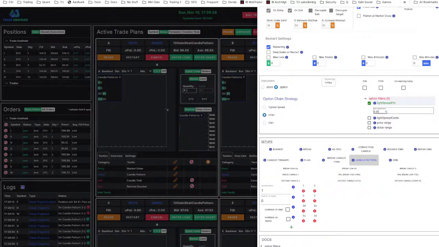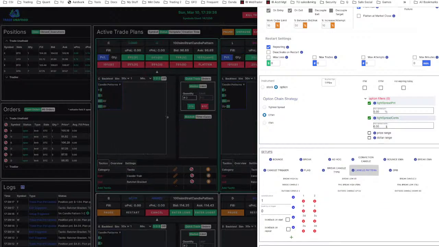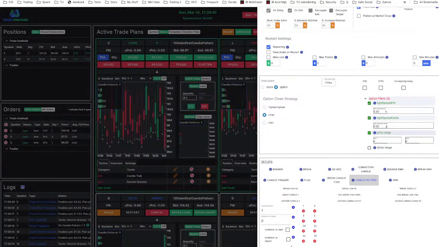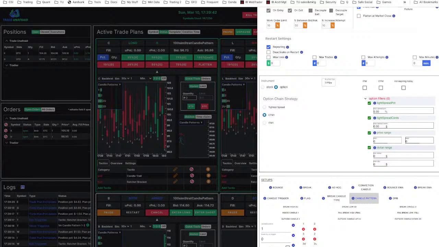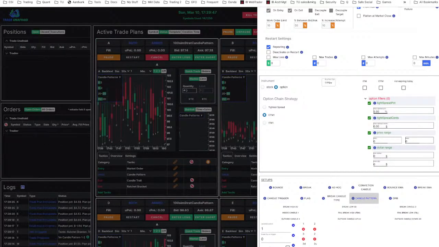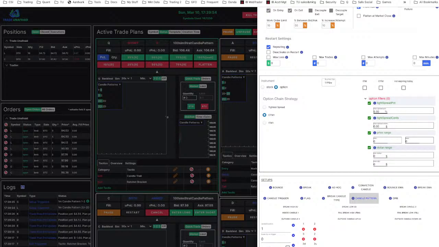And then I can add filters so that I don't want to trade over a 5% spread, or I can actually put the spread in cents. And then I can also limit the price or the cost, the dollar range. So there are all of these different ways that you can set up a trade plan that will follow your rules without you having to be there.